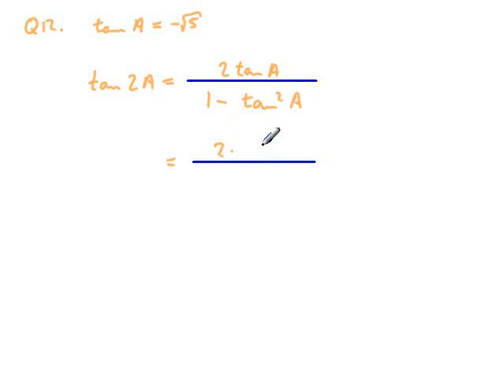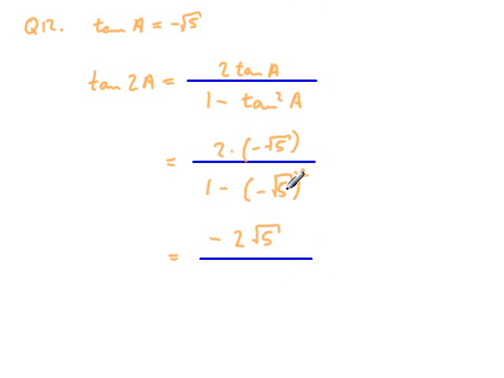So 2 times negative square root of 5, over 1 minus negative square root of 5 squared, so equals, let's see, negative 2 square root of 5, over, and square root of 5 squared is 5.